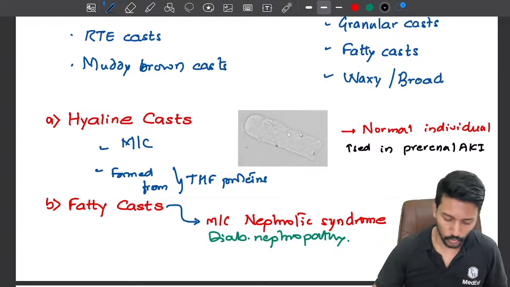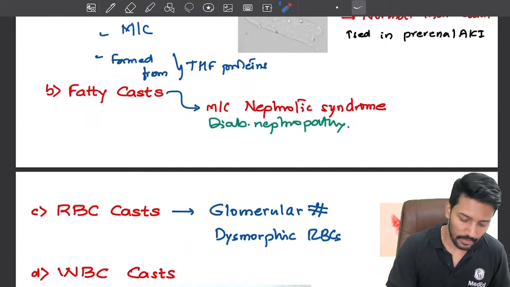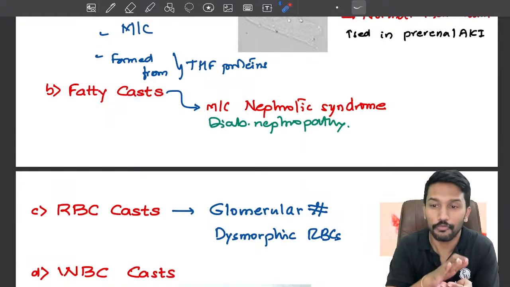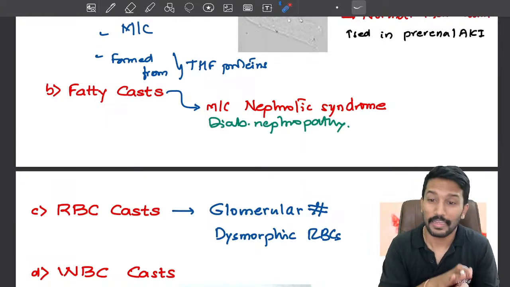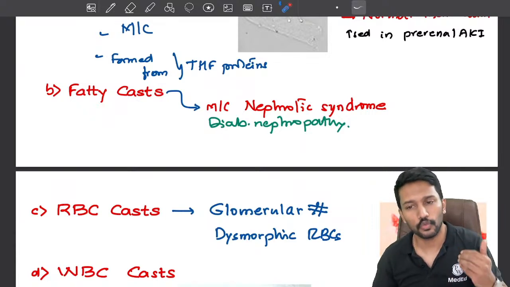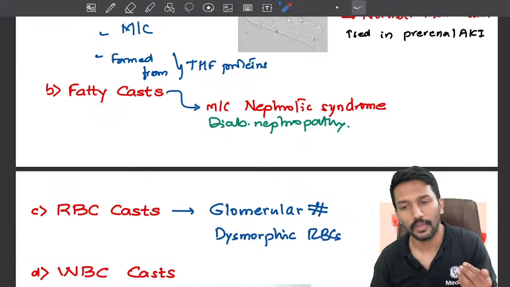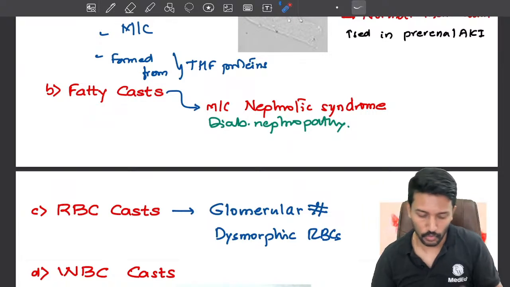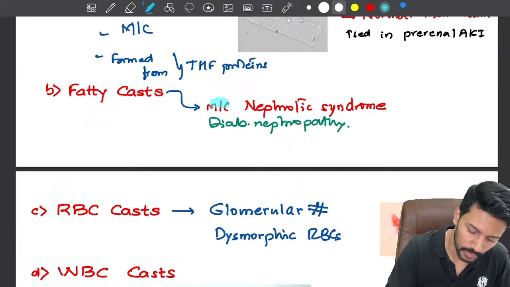Okay. Number two, we have something called fatty cast, right? Basically, the hyaline cast loaded with fat globules is what we call fatty cast. When do I see fatty cast? When there is too much lipid in urine. When do we see too much lipid in urine? Two conditions. Number one, the most common cause for fatty cast is nephrotic syndrome.